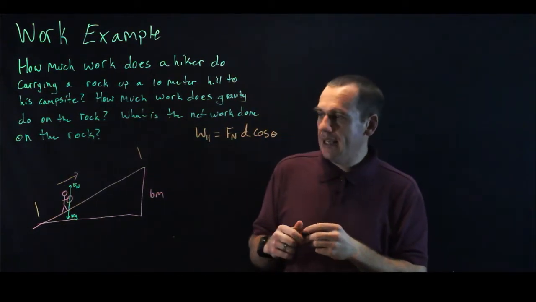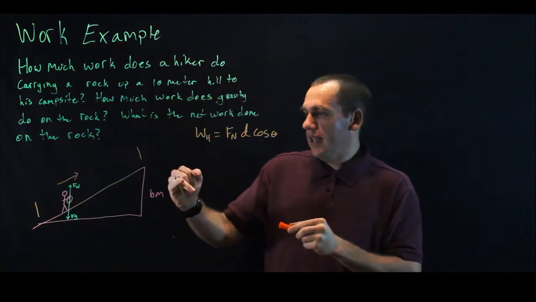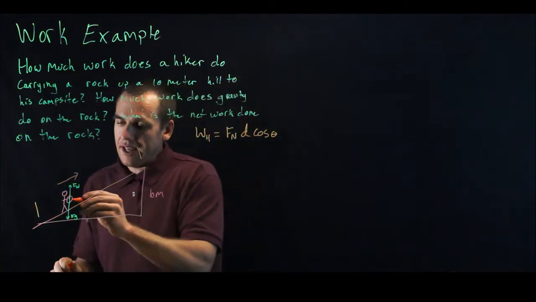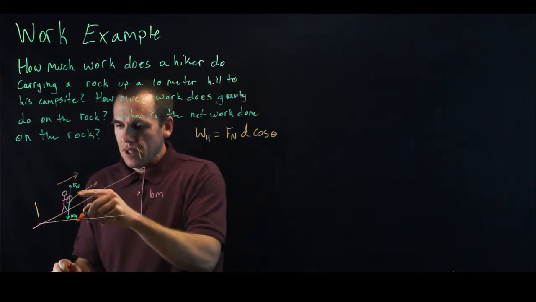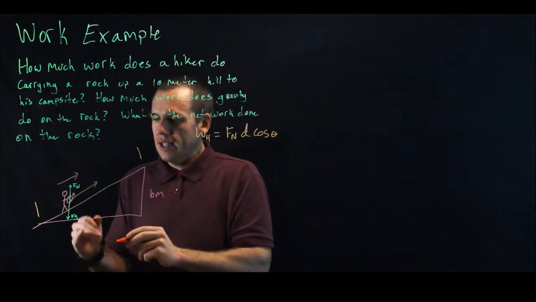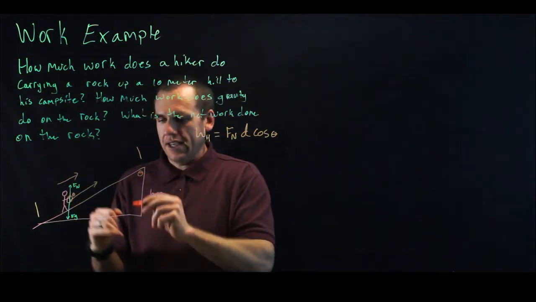between the displacement and the force. So if I draw that in, the displacement is this way, the force is that way, so we're looking at that angle. Now that angle is also this angle.